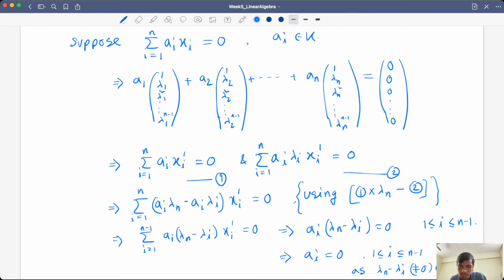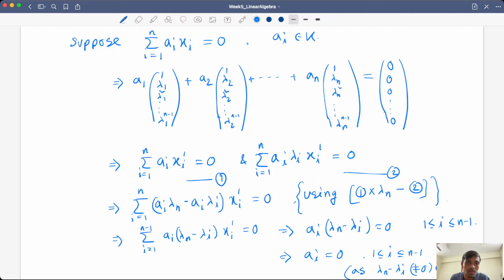Here we are only using the fact that the lambdas are distinct elements. And this is by induction, like the induction step. So this shows that a i is 0 all the way from 1 to n minus 1.